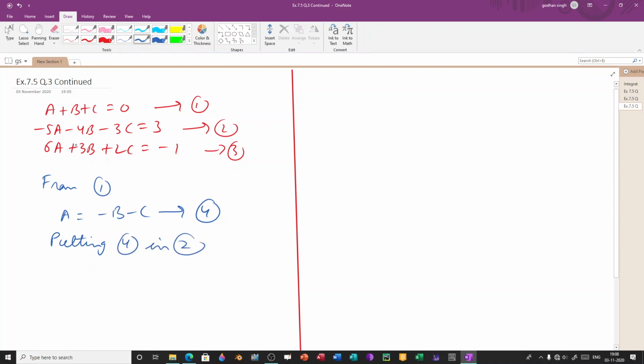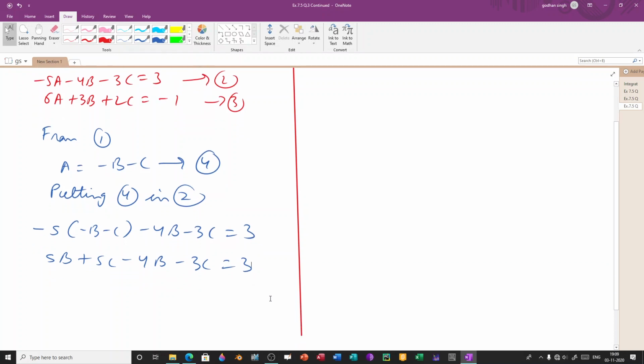So putting 4 in 2, we will be getting minus 5, in place of a we'll be putting minus b minus c, and minus 4b minus 3c equal to 3. So let us simplify it. We'll be getting minus minus, that is plus 5b, and this will become plus 5c minus 4b minus 3c equal to 3.